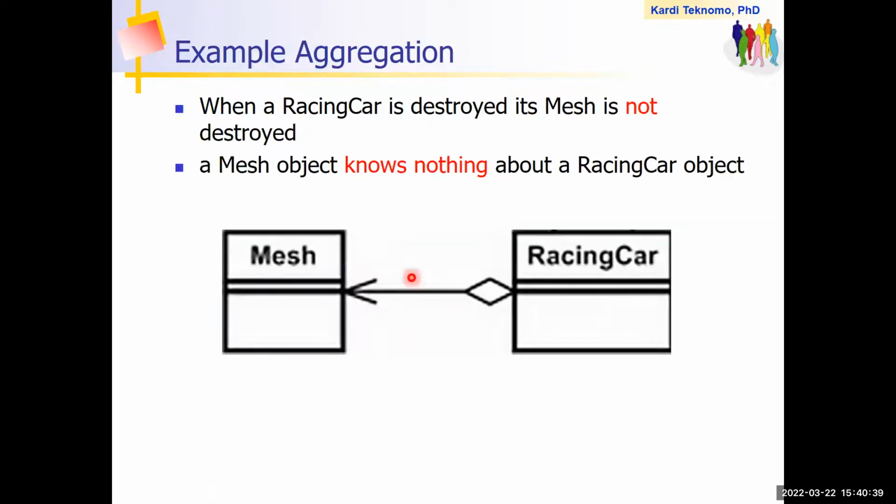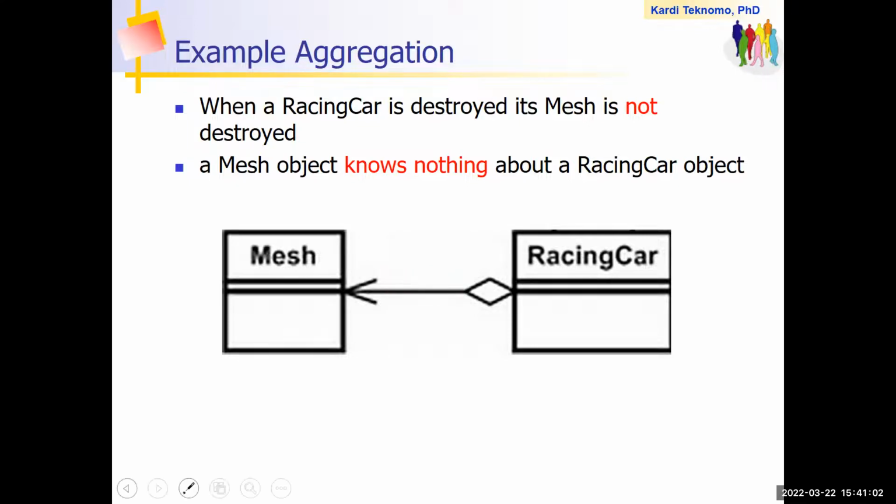So when a racing car is destroyed, the mesh is not destroyed. So the mesh object knows nothing about the racing car object. So aggregation, with this diamond, means that the two just share a reference, but they are separate.